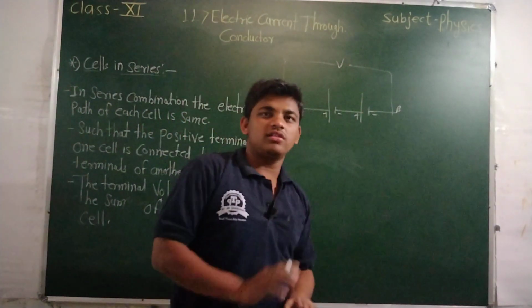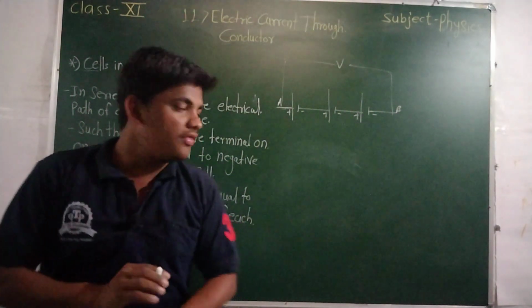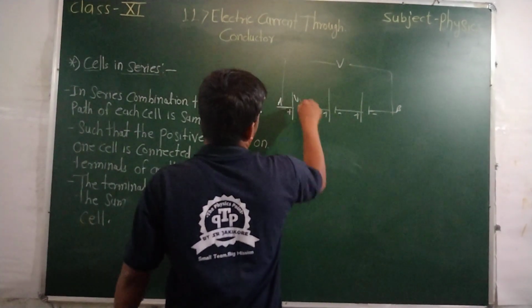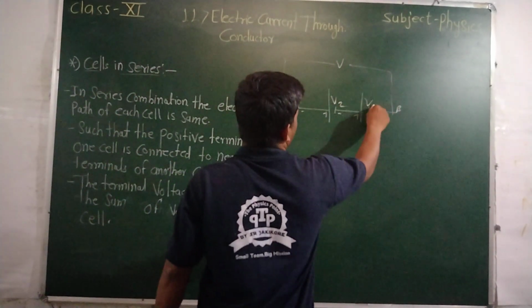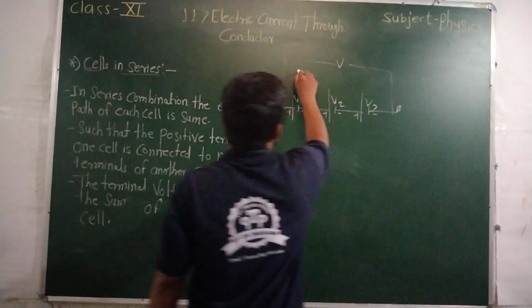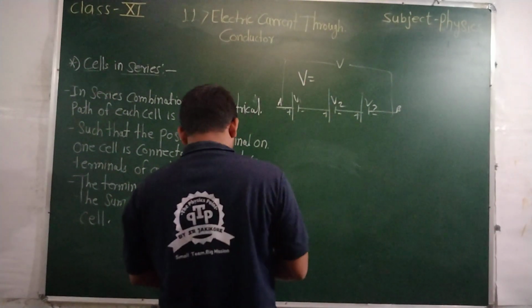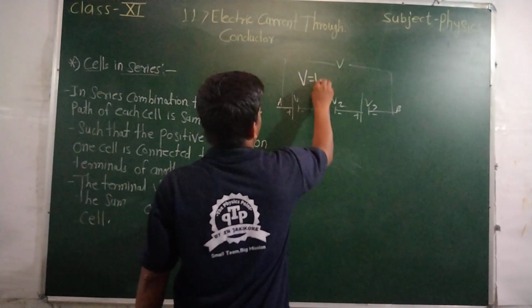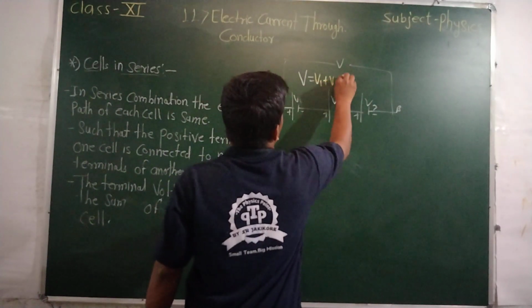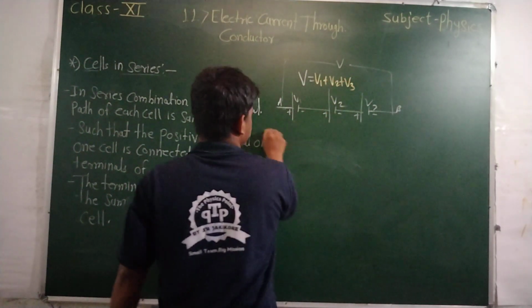This is all for the theoretical part. Then this is V1, this is V2, and this is V3. Then V is equal to, I will use another color, V1 plus V2 plus V3.